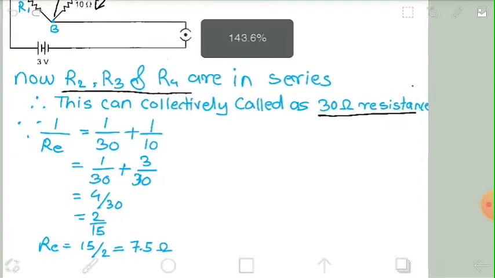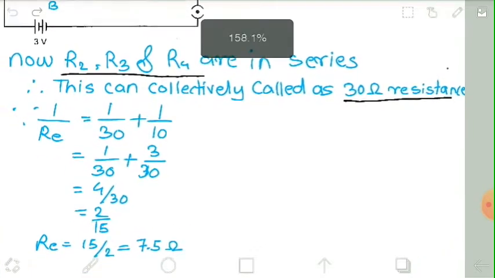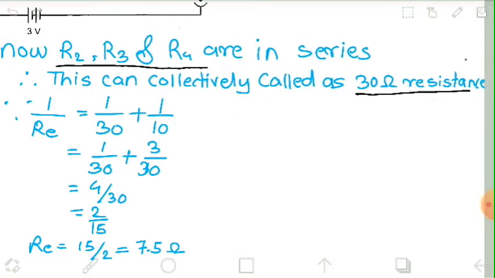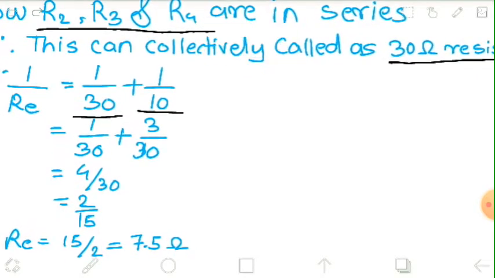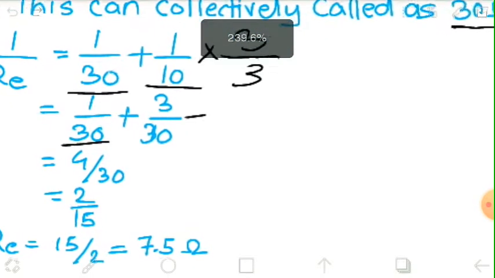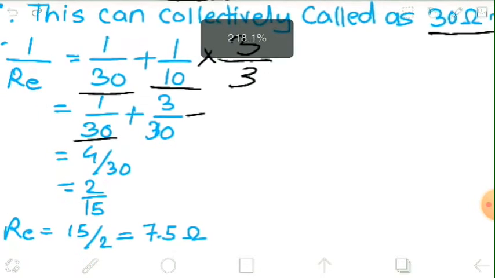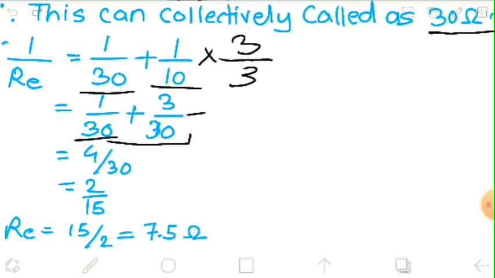That is, in parallel, the inverse of the equivalent resistance is equal to the sum of the inverses of the individual resistances. Now 1 by 10, if we multiply by 3 by 3, we will get 3 by 30. So now we can add this 3 by 30 to 1 by 30 as the denominator is the same.